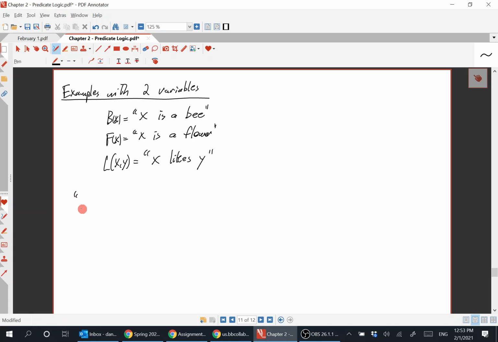All bees like some kinds of flowers. All bees. Okay, so all bees. All bees are yellow. All bees are striped. All bees make honey.